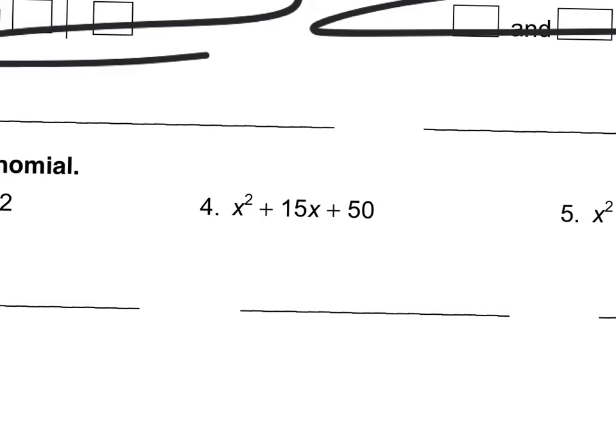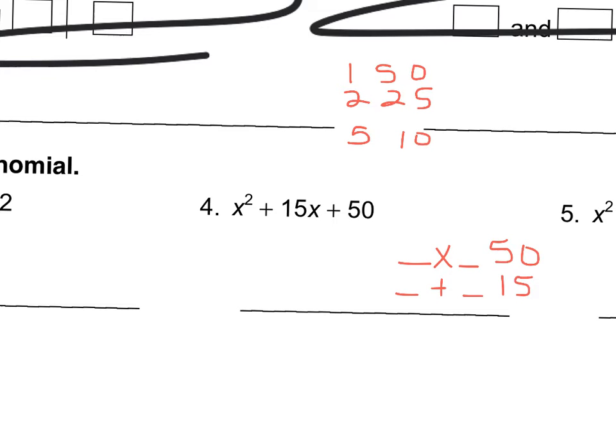So these were the simple trinomials that you did on the quiz. And what you were doing here was looking for 2 numbers that multiplied to give you 50, but who added to give you the middle term, which was 15. Now, if you're not sure right away, you're going to make your organized list. 1 times 50, 2 times 25, 3 won't go into 50, 4 won't either, but 5 will.